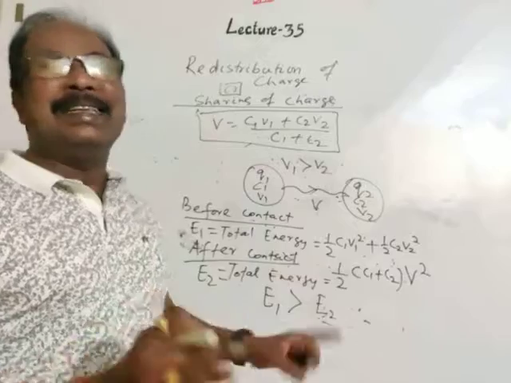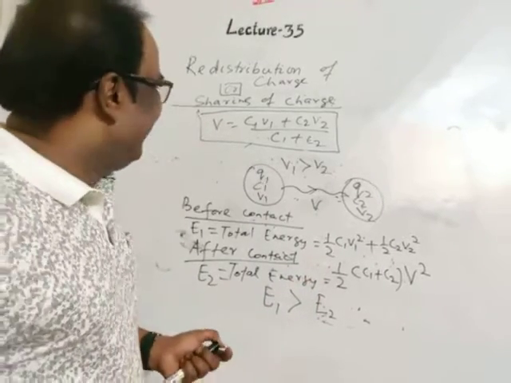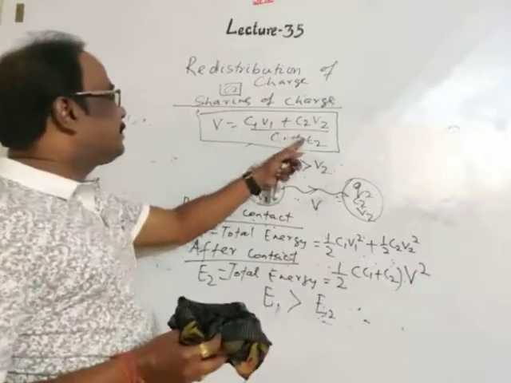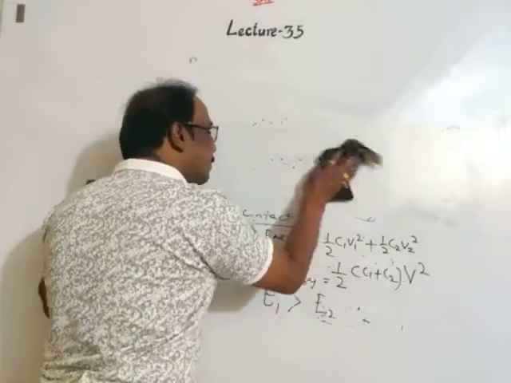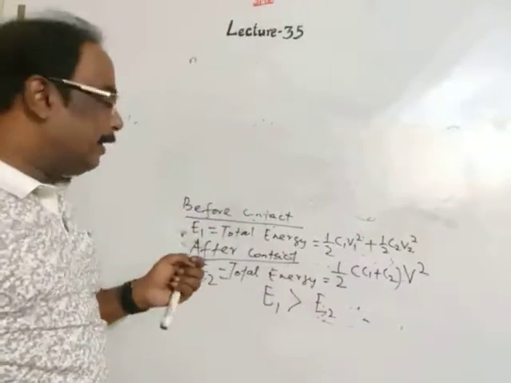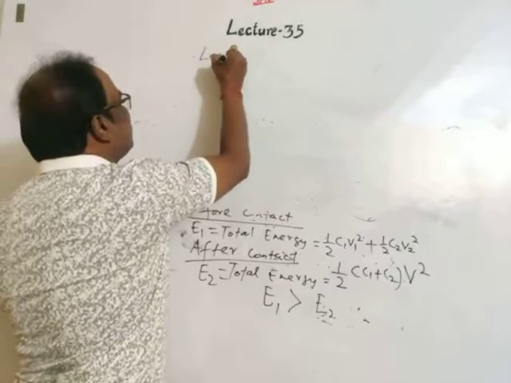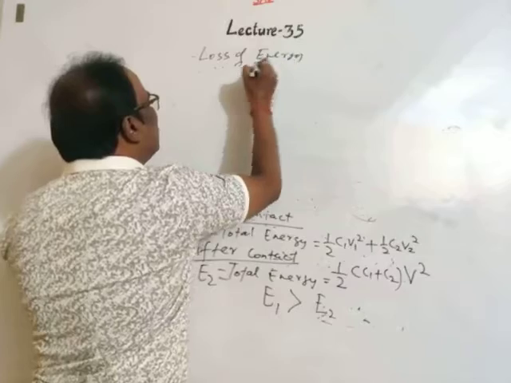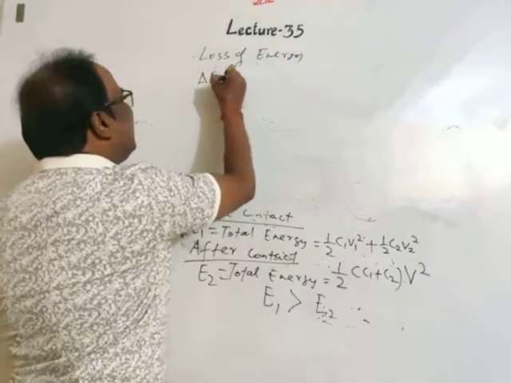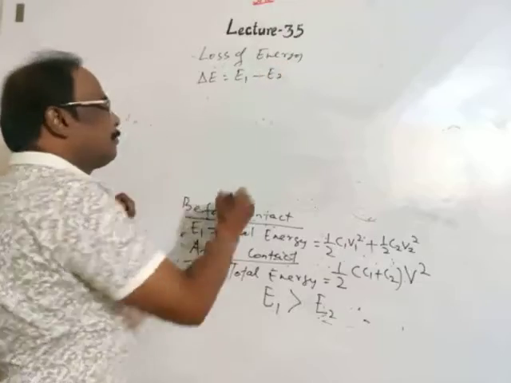Then it's very easy. What is loss of energy? Okay. What is loss of energy? This is the formula for common potential. We know it. Then loss of energy, let's take delta E, that equals initial energy minus final energy.